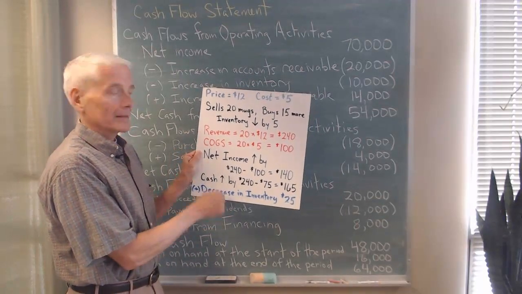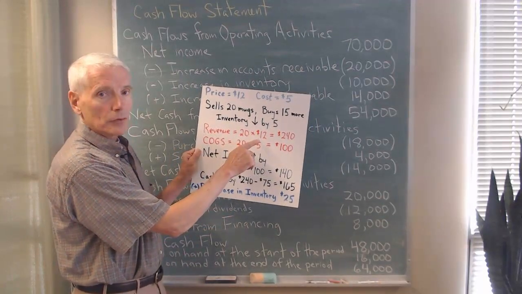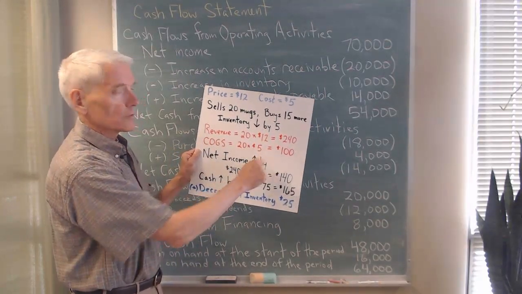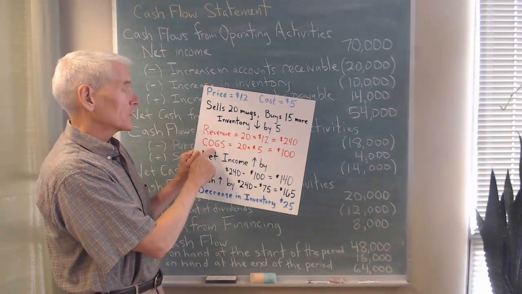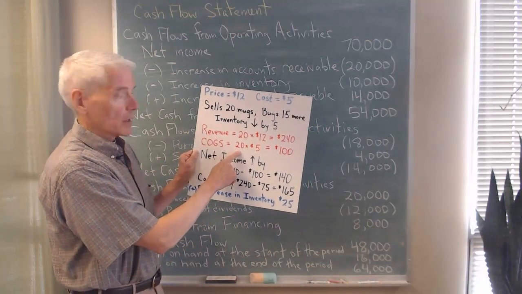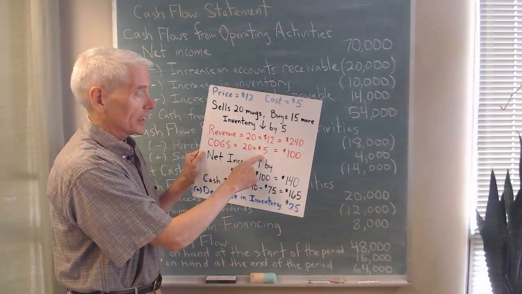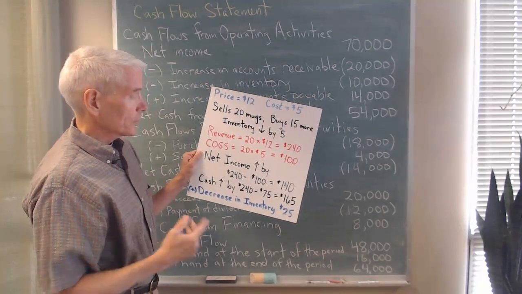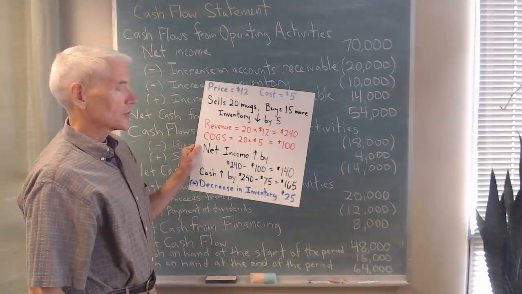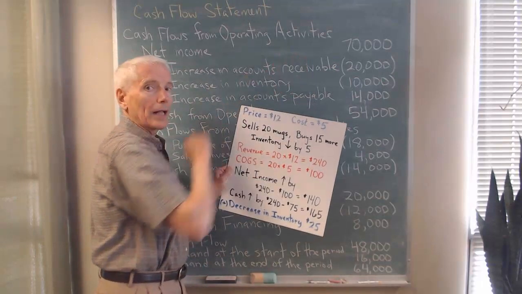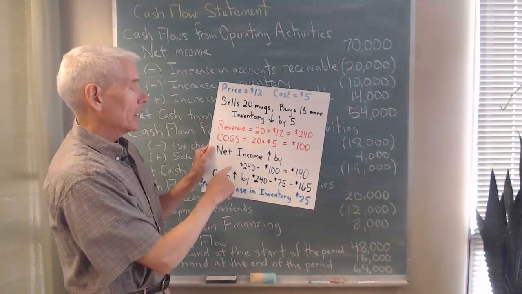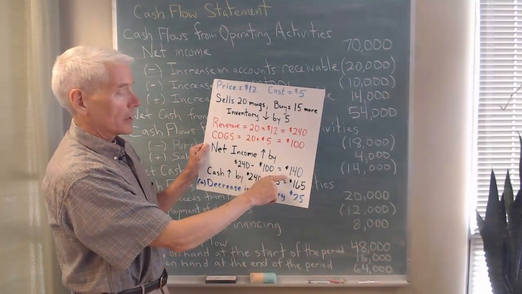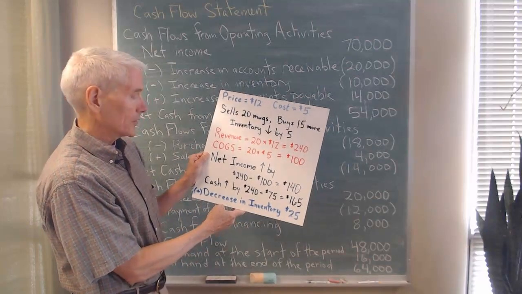The revenue from that sale would be the 20 mugs times $12 each, $240. The cost of goods sold is the 20 mugs times $5 each, $100. So net income, the value that we have to begin with, is 240 minus 100, $140.